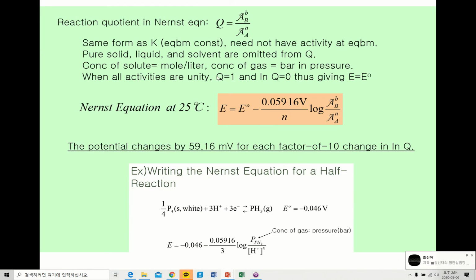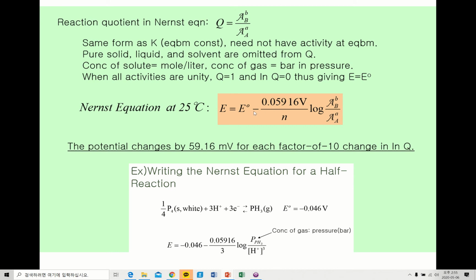And here, this ratio is defined as the reaction quotient. The reaction quotient means this ratio under any conditions. But when the reaction is at equilibrium, this Q becomes K, the equilibrium constant.